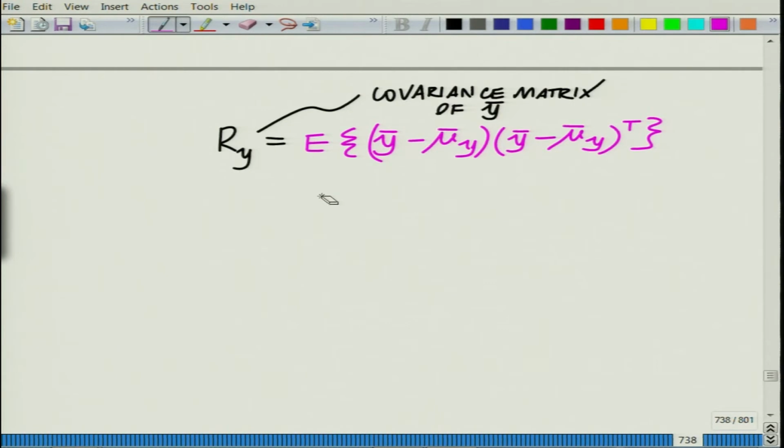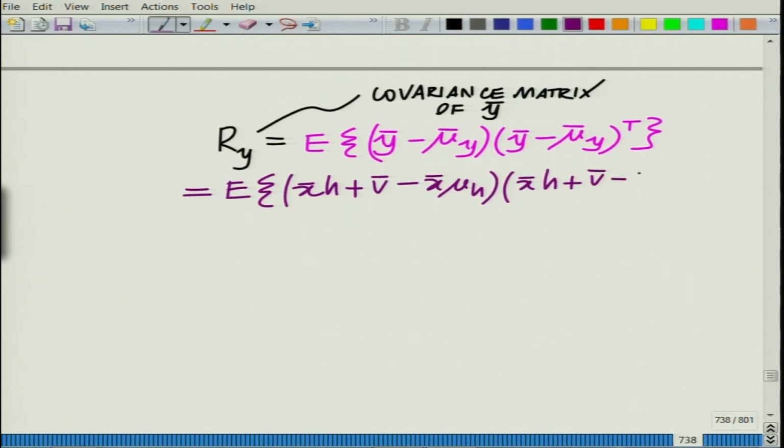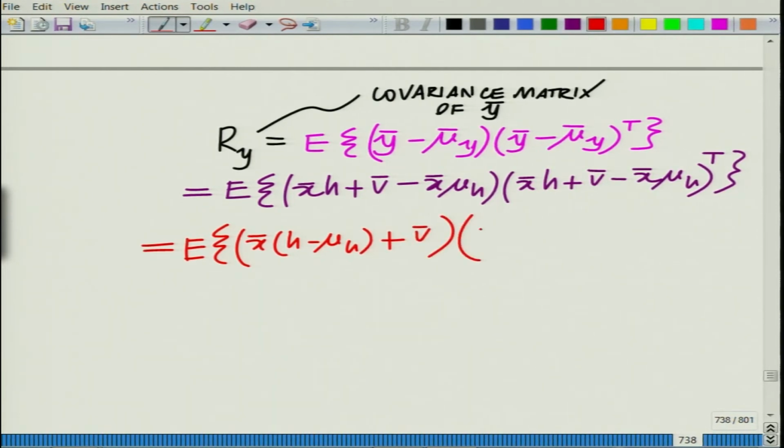So, let me write this again: this is equal to the expected value of x bar H plus v bar minus x bar mu H, times x bar H plus v bar minus x bar mu H, transpose, which you can now write as the expected value of x bar times H minus mu H plus v bar, into x bar times H minus mu H plus v bar, transpose.